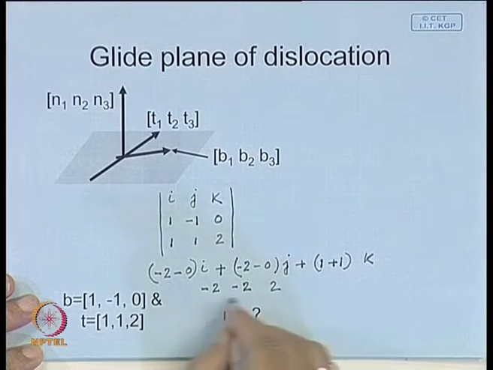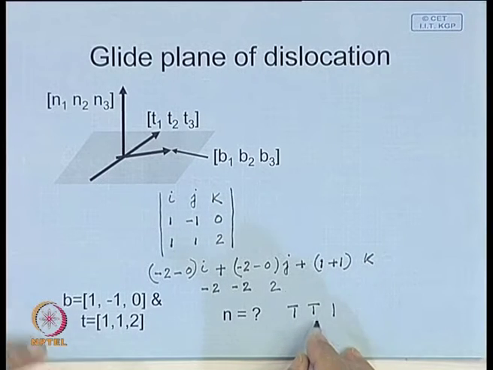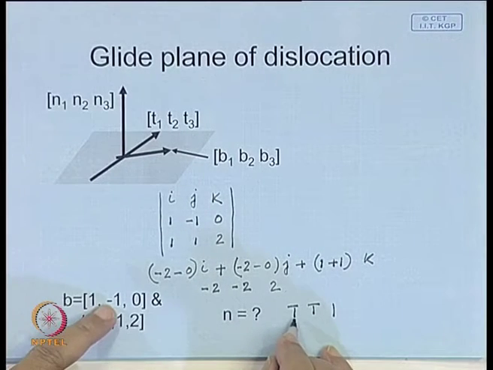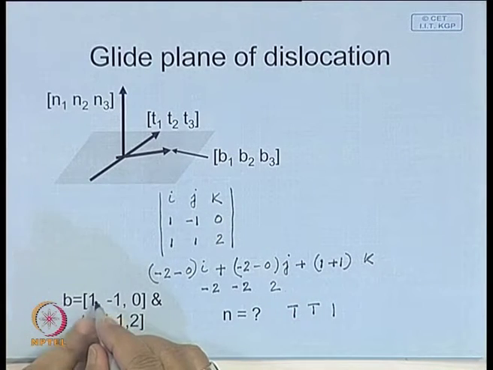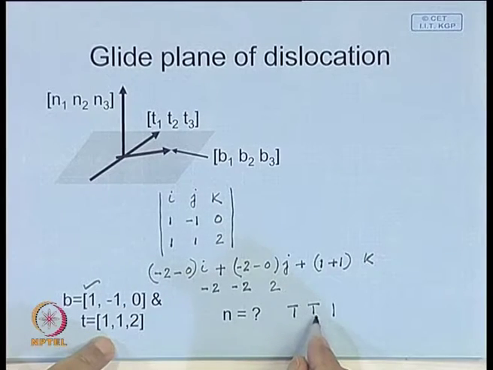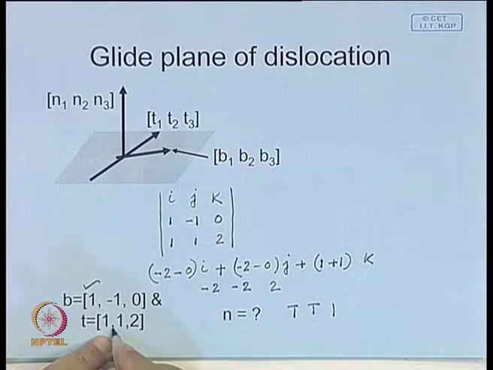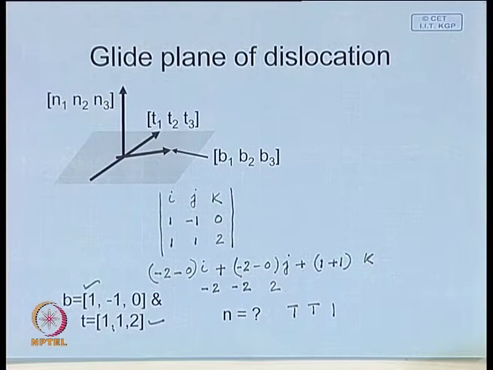So this n comes out to be 1 bar 1 bar 1. Now you can check, to verify, that this is normal, perpendicular to B, and also perpendicular to this direction. So this is a very easy way of finding the glide plane of a dislocation.